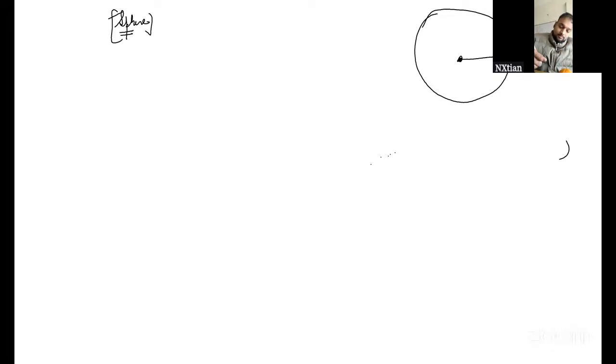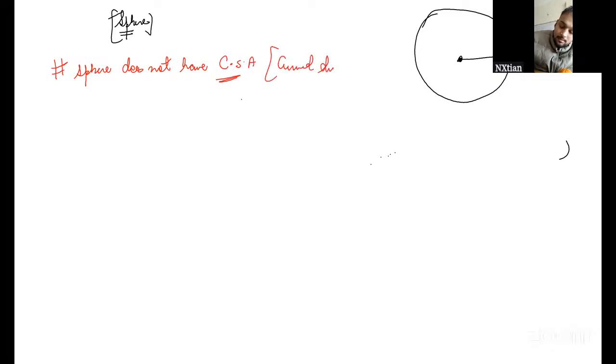Okay, so basically, sphere does not have CSA, which means curved surface area. Sphere doesn't have any curved surface area.